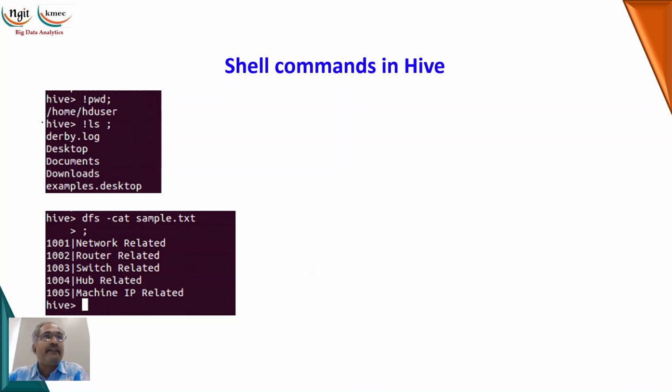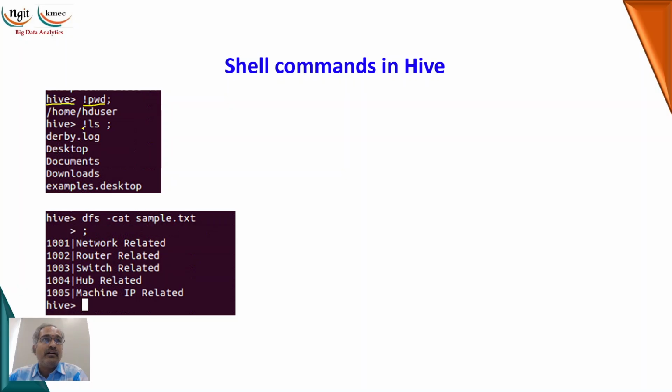So if we enter into Hive, in the Hive shell, if you give an exclamation mark and pwd, it will execute the regular command line command. pwd is the general command.